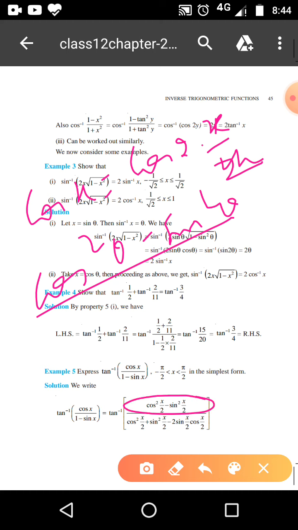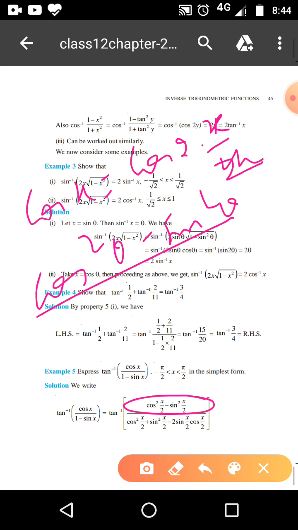Upon 1 minus sin x, where 1 can be written as cos square x by 2 plus sin square x by 2, and minus 2 sin x by 2 cos x by 2. So sin x can be written using the half angle formula.